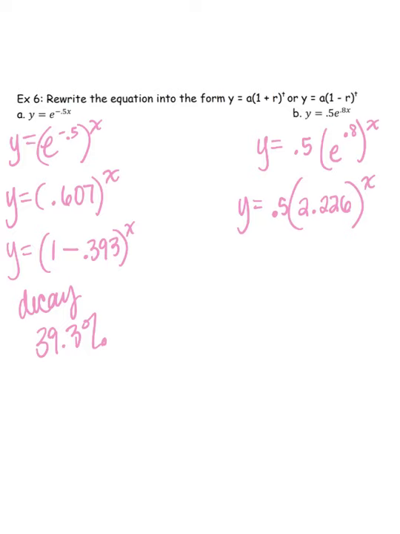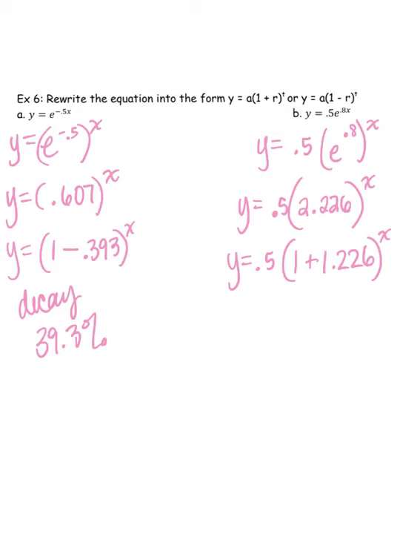Because I know that this is a number bigger than 1, it's showing growth, I want to rewrite it using that form of 1 plus r. Remember, 1 plus r is for growth, 1 minus r is for decay. So rewriting this, I get 0.5, which is our initial amount or our initial value, times 2.226, which is going to be 1 plus 1.226.